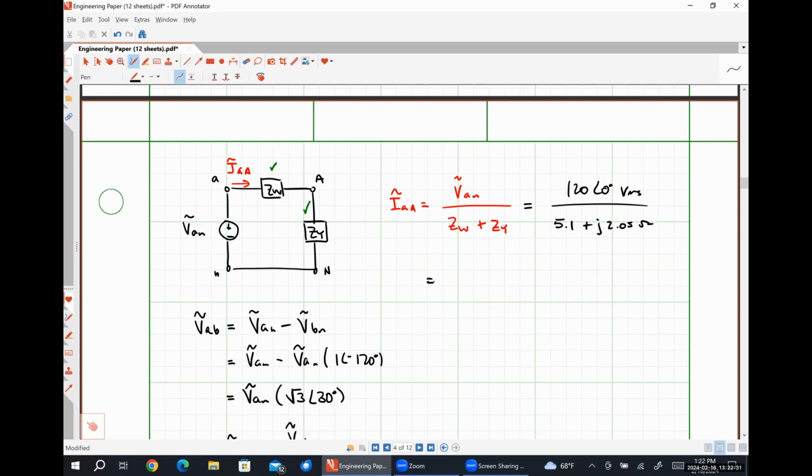Throwing that into a calculator, I get a current of 21.832 with an angle of negative 21.898 degrees amps RMS.